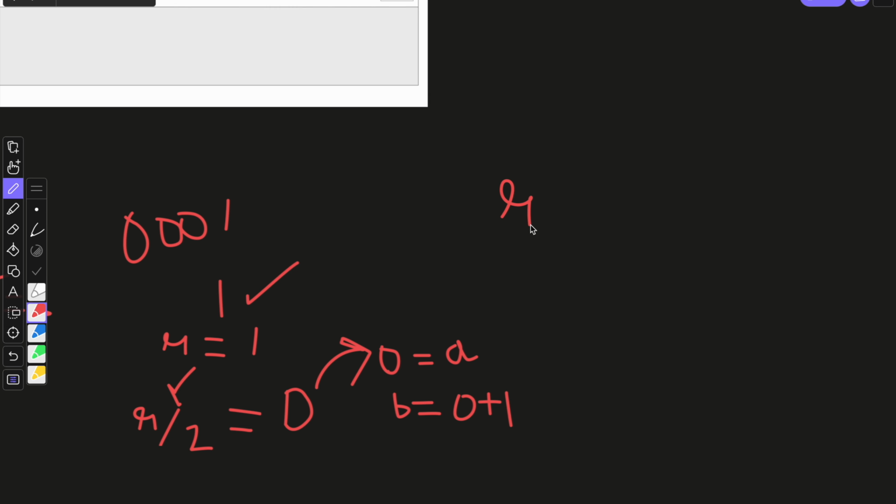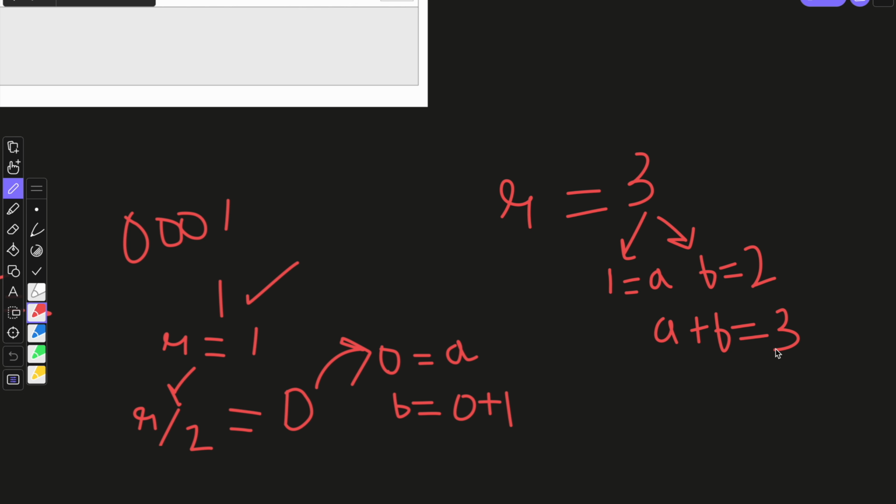For example, r is 3, then r by 2 will be 1 and it will be a, and b would be r by 2 plus 1, that is equal to 2, and a plus b we will get as 3, that is r, and that's what we want.